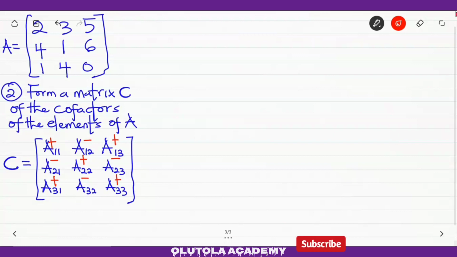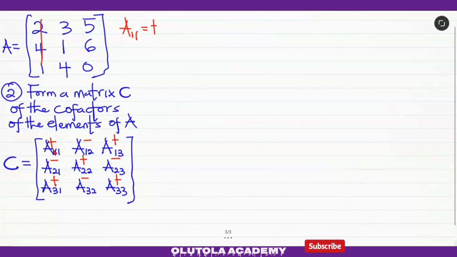So A11 is positive, so that will be positive. Then I close this column and this row up. So I'm going to have 1, 6, 4, 0. What I did was to close this up and this up. A11 is in that position.